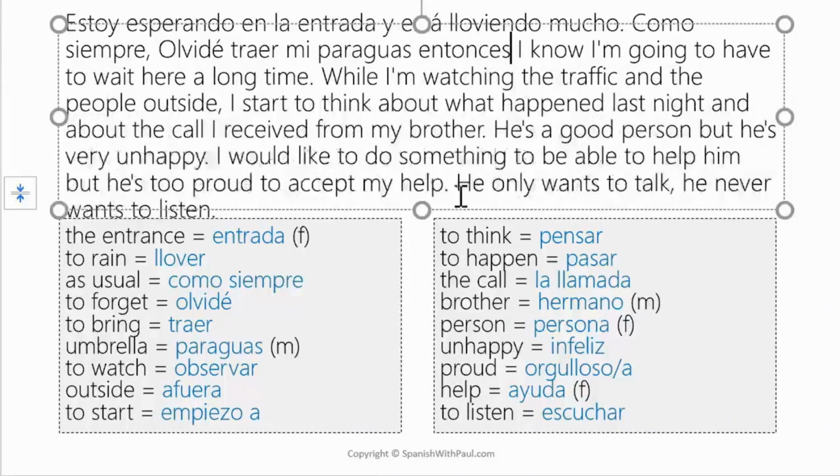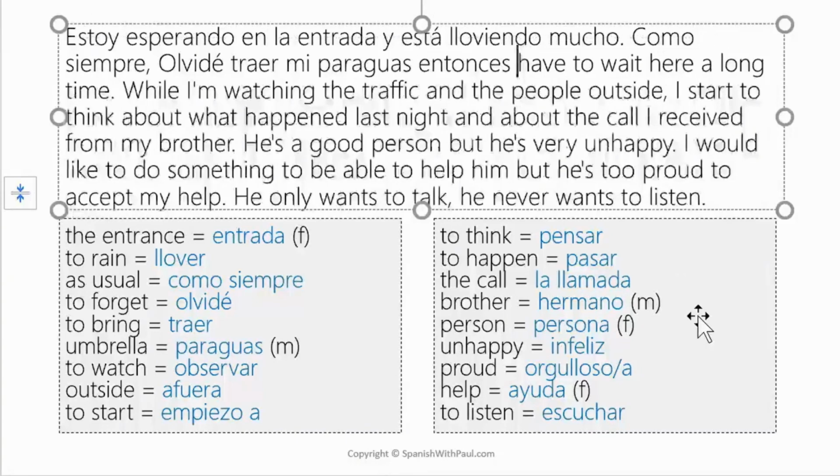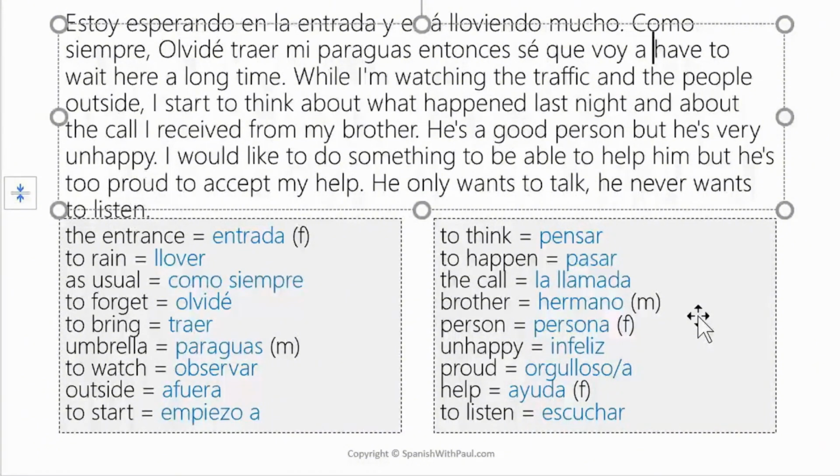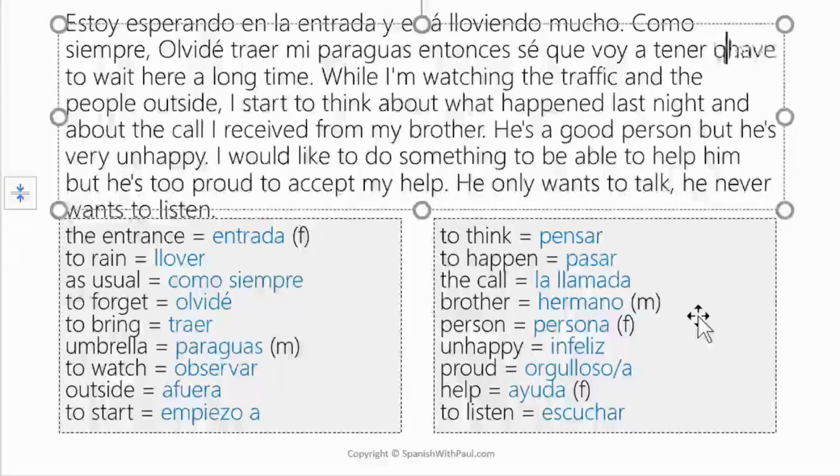This could also mean therefore. I forgot to bring my umbrella, therefore I know that. We haven't put it here in English, but if it's implied, we must put it in Spanish. So, sé que voy a, let's do this much. Now, to have to, this is the full verb, the infinitive. So, voy a tener que.